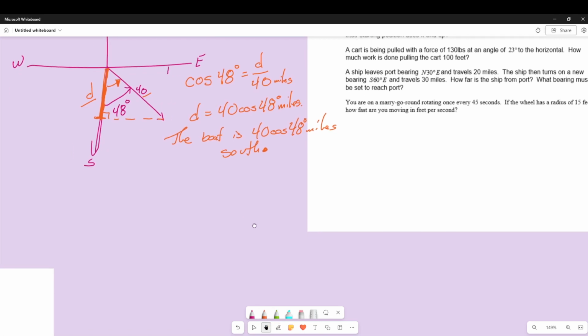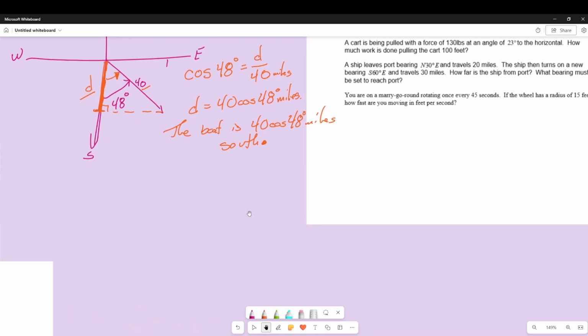Okay, cart being pulled at a force. This is a work problem. I mentioned work in dot products, and we didn't get that far into applications of dot products. I know you've got some in your homework and so forth. So we want to look at it. So cart being pulled with a force of 130 pounds at an angle of 23 degrees.